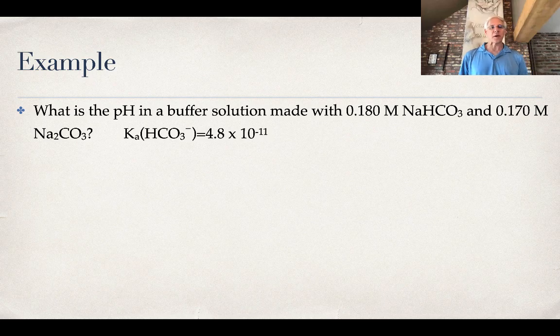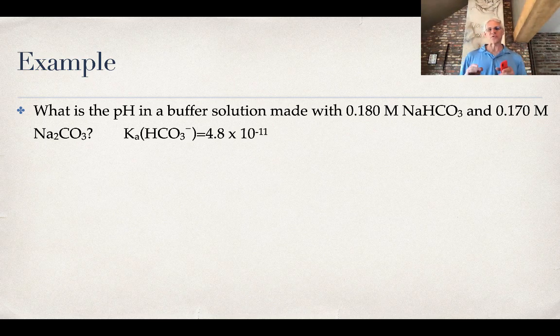Okay, so here's an example that we can do. We've got a buffer solution made of bicarbonate, NaHCO3, or sodium bicarbonate, and sodium carbonate, Na2CO3. The Ka for the bicarbonate is 4.8 times 10 to the minus 11. Notice that the bicarbonate has an H, the carbonate does not.